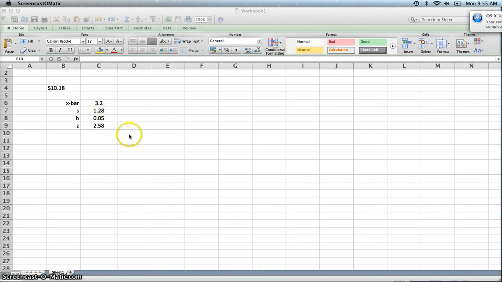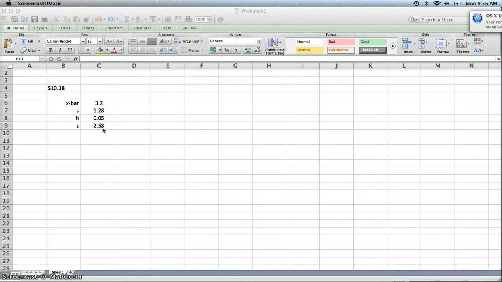The other things they've given me is they want a confidence. They want to be 99% confident, and so that translates into a z-value of 2.58. On the exam, I will always tell you what the z-values are. For your homework on page 416, common z-values, they have table S10.1.